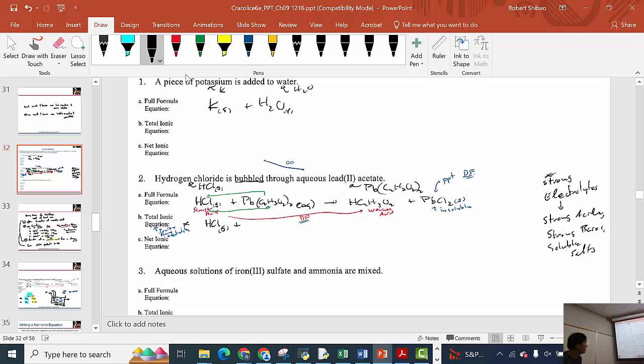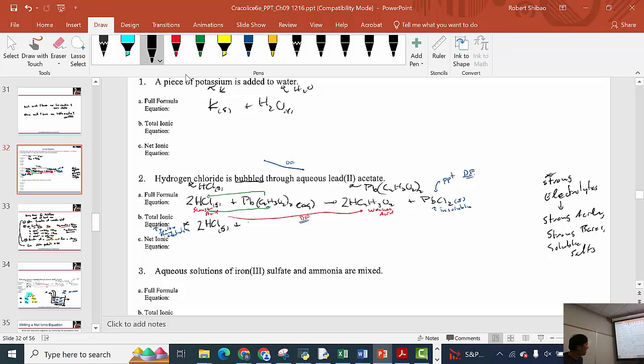Let me balance this first before moving on. How many HCl's do I need here? Well, I have 2 chlorides over here with the lead, and I only have 1 chloride here, so I'm going to need to double this one. If I double this one, then I'm going to need 2 of these acetic acids, for the 2 hydrogens here, the 2 protons, and the 2 acetates here. And so this will be 2 HCl.